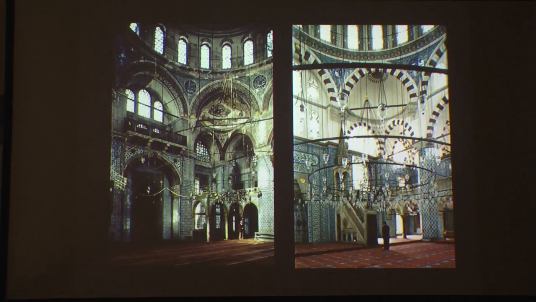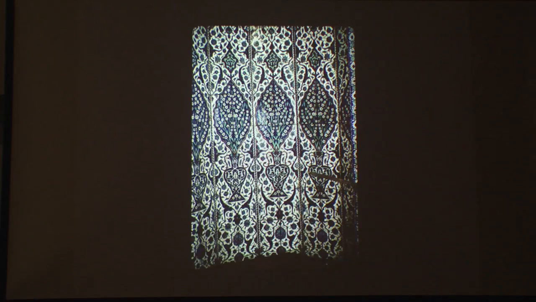But it shows you just what a difference restoration can make to a building. Or later alterations as well, these being the later alterations. I mean, you have beneficial and non-beneficial restoration.